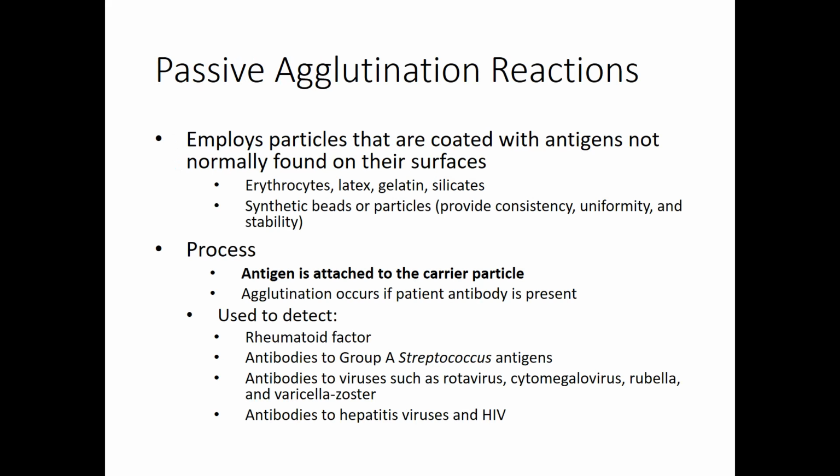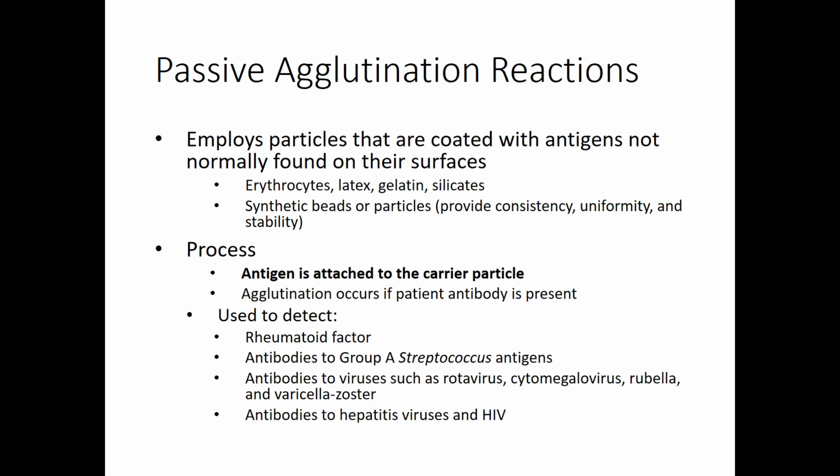Passive agglutination is sometimes called indirect agglutination. And in this case, passive agglutination tests for particles like red cells, latex beads, gelatin, different kinds of artificial silicates. And they get coated with antigens that are not normally found on their surface.